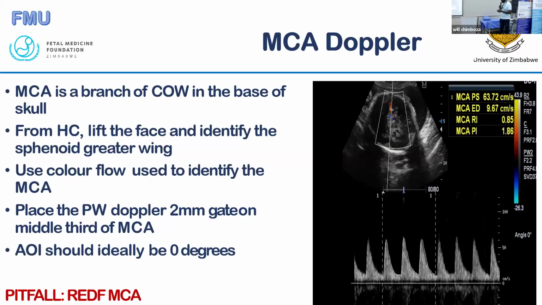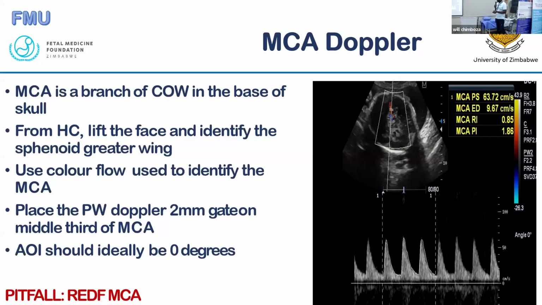As you can see here, the anterior part of the face is lifted. It's not like when we are doing the head circumference and BPD. It makes it easier for you to visualize the greater wing of the sphenoid bone, where you will find the MCA running through.